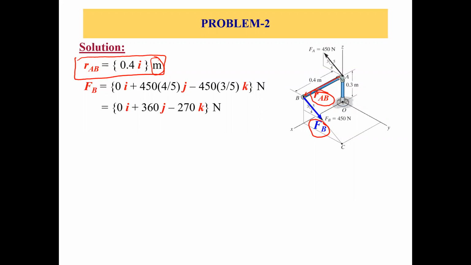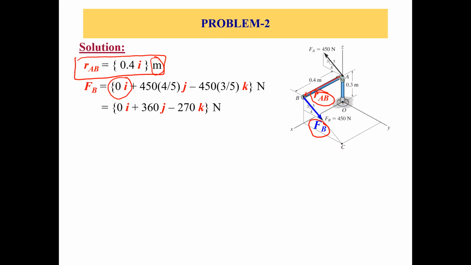If you look at this force FB, it's passing through the x-axis, so what is the x component? There's no x component, so we'll have a 0i for x component.